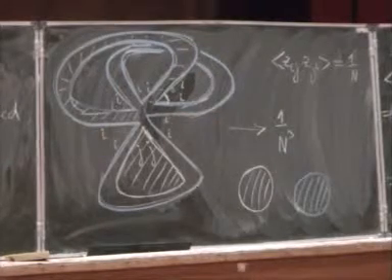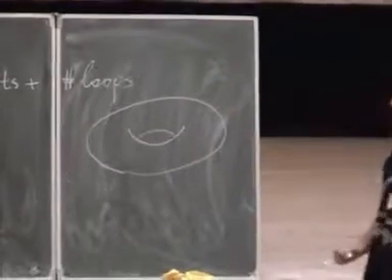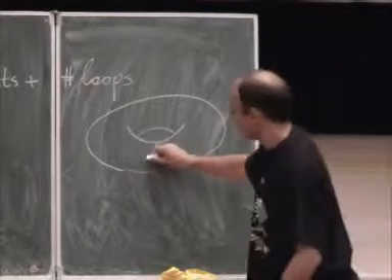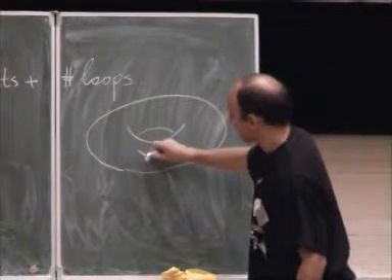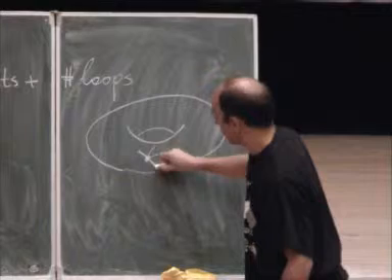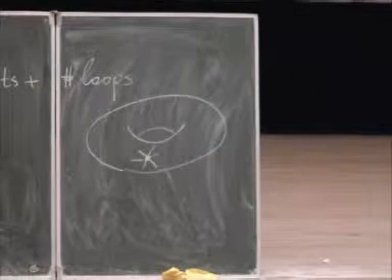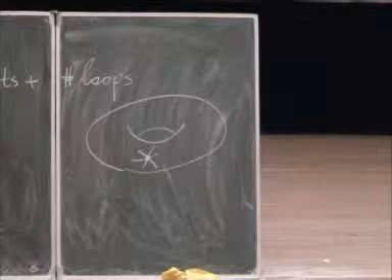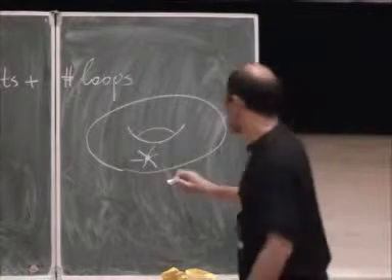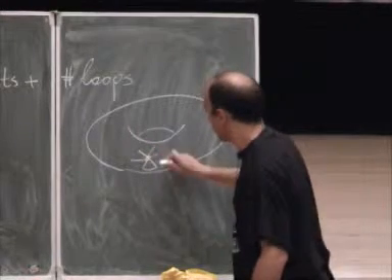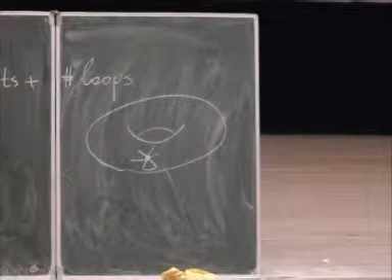So the final result will actually be a torus, a surface with one hole. Here is the point out of which the 6 streets issue, and we will get something like that. So there is one simple loop like that.